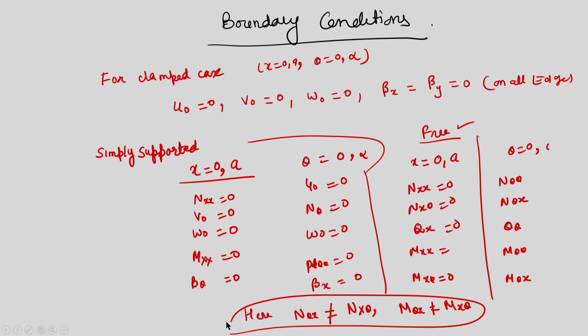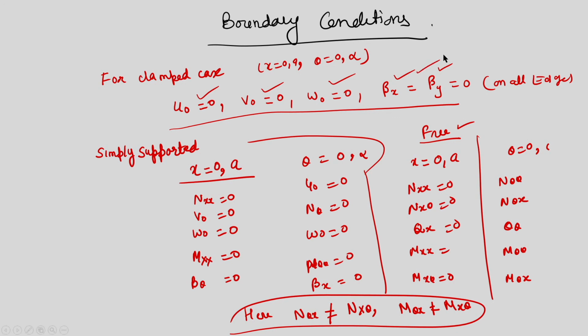Now, you see for the clamped case, all essential variables are 0, meaning the kinematic boundary conditions, all displacements and rotations are 0. So, if we are interested in developing a Ritz solution, then an all-round clamped solution can be developed very easily, because we can find a function in which all variables are 0.